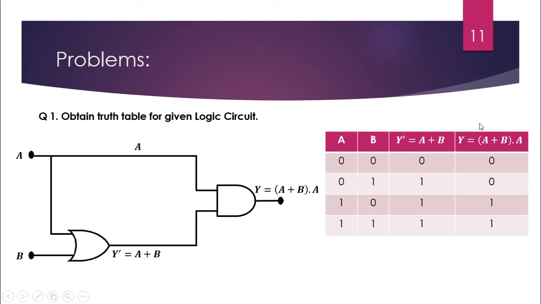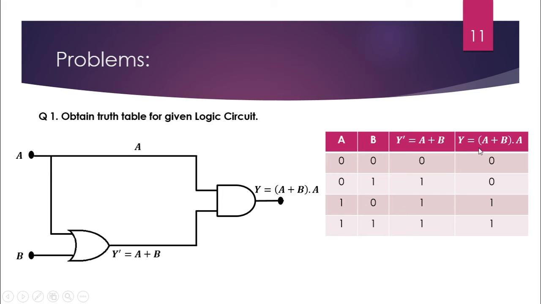So here is the truth table for this logic circuit, that is 0 0, 0 1, 1 0, 1 1. And output of OR gate is, as we know, if one of the input is high, output is high for the OR gate, and hence the output of OR gate is 0 1 1 1.